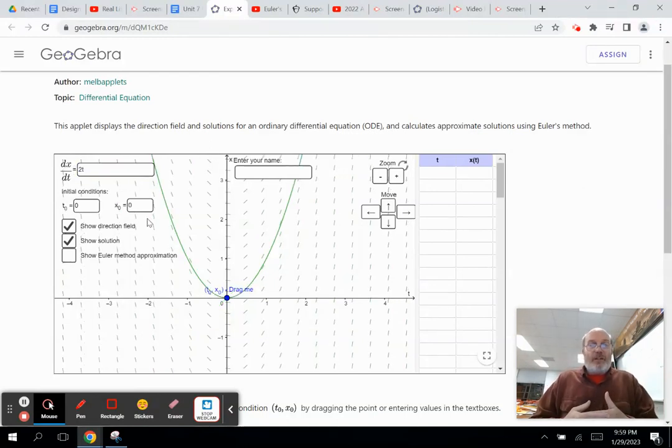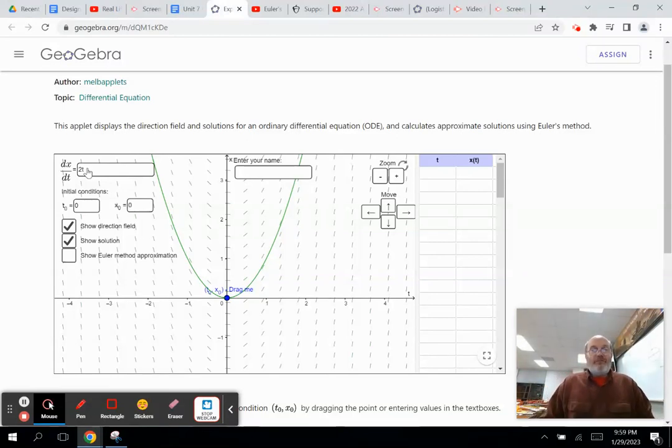So I'd like for you to pick a function that you know the derivative of. Write that function down. I would have written down x equals t squared. Then take the derivative, dx/dt. Write that down, so you know what the graph of your function x of t looks like. I want you to enter its derivative in your applet here and play with it and see if it returns the graph of the function that you started with.